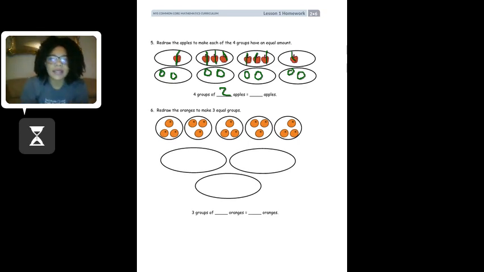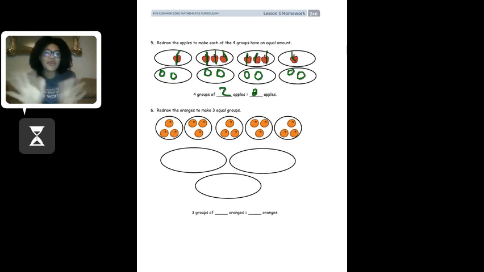So I'm going to write 8 down on my sentence statement because I know 4 groups of 2 apples equals 8 apples in all, because 2 plus 2 plus 2 plus 2 equals 8. And next year, like I said earlier, when you get ready to go to 3rd grade, you'll see how this is used for your multiplication facts, because 4 times 2, or 4 multiplied by 2, will equal 8.